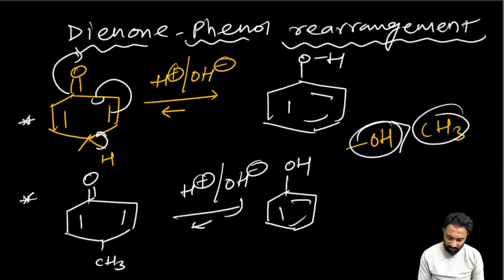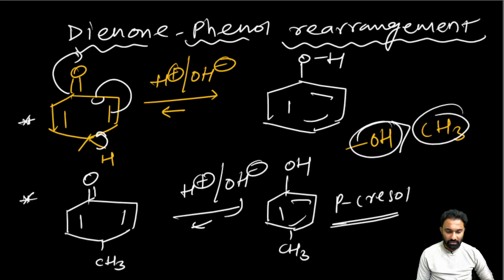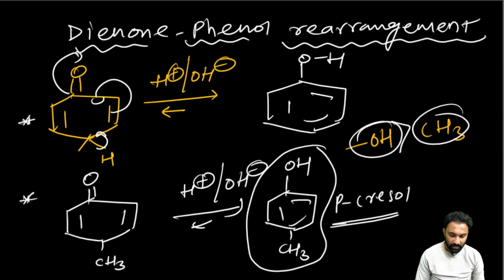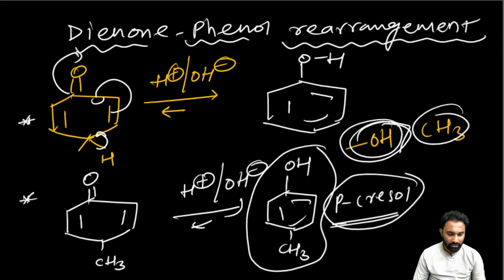This is OH and this is CH3, and this one we call paracresol. You have to be very careful with this one. The name of this one will be paramethyl phenol, or 4-methyl phenol, because OH is the high priority, and the common name for this one is paracresol. Right.